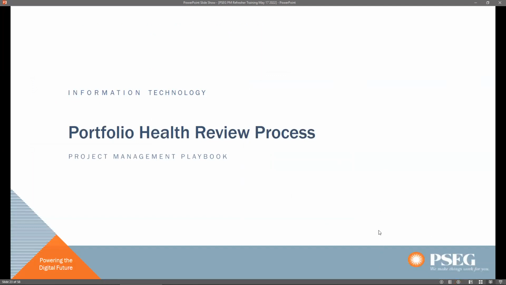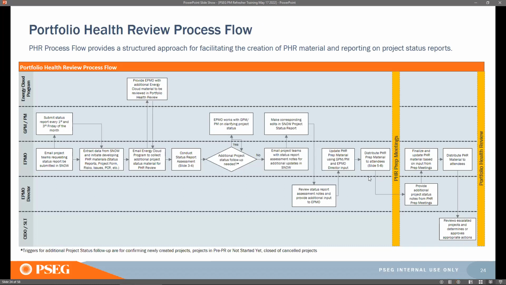Let me walk you through this. This is a flow chart that IT PMO follows to conduct the monthly PHR meeting. We send out a reminder to the PM and GPM to submit the status report by the first or third Friday of every month.